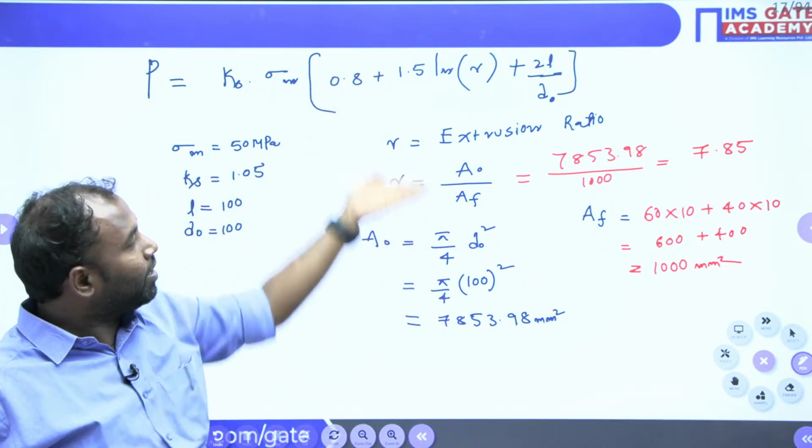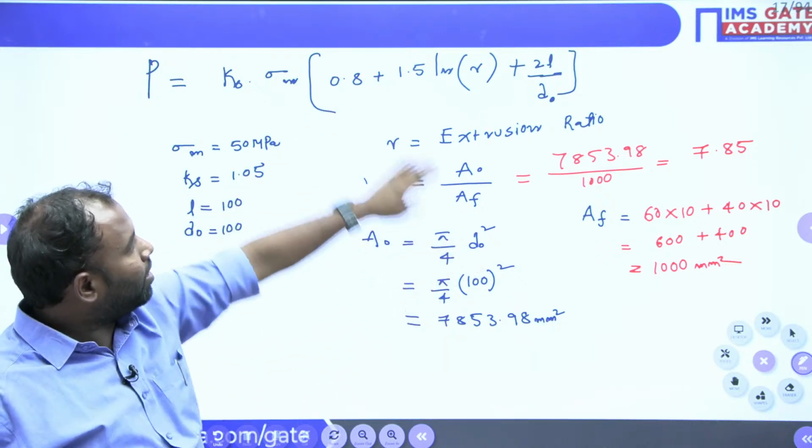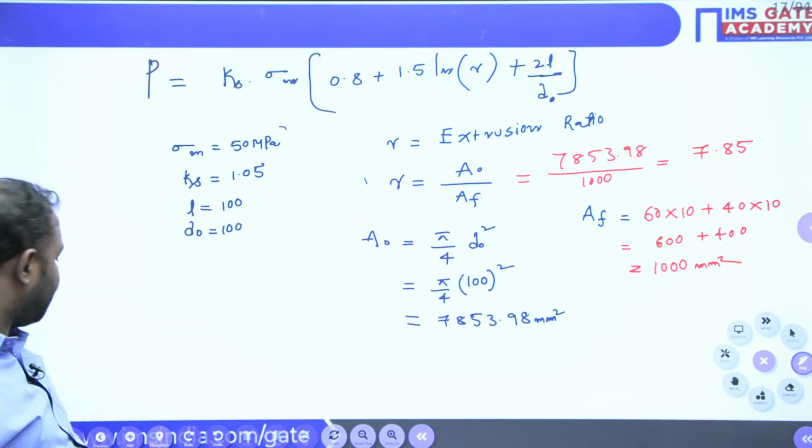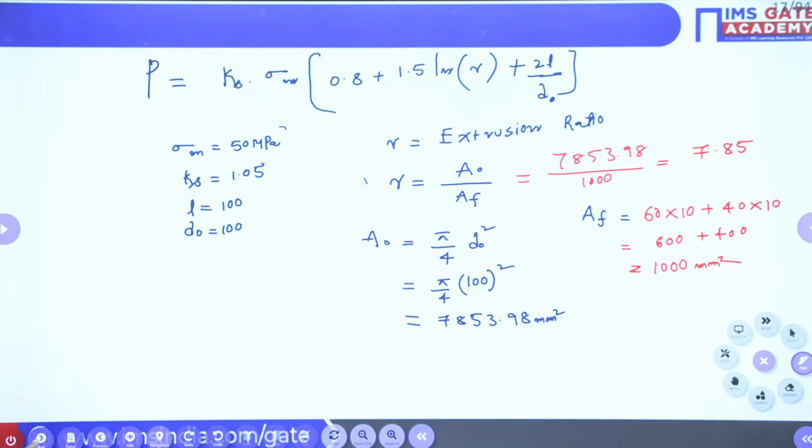Right. Now we just substitute the values so that we will get the pressure. Let us go for substituting the values.